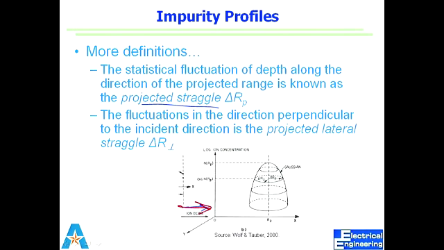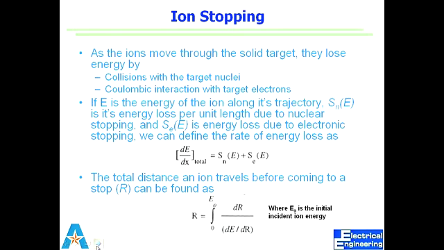This one is perpendicular to the flow. This one is in line with the flow. This is the projected range, and then this is n, and this is 0.6 of n. We'll see which number is relevant for us, 0.6 or just n. Make sense?